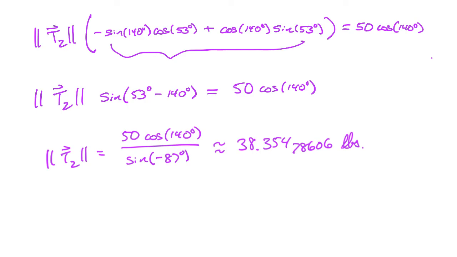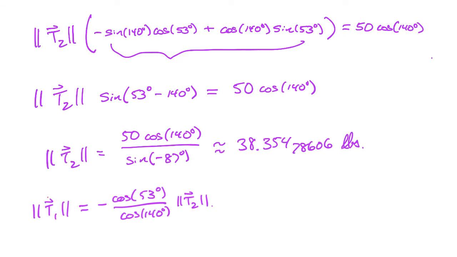So now that we know the magnitude of the tension on one side, we can go back to our system of equations and find the magnitude for the tension on the other side. From our first equation, we knew that the magnitude of T1 was the negative cosine of 53 degrees over the cosine of 140 times the magnitude of T2.